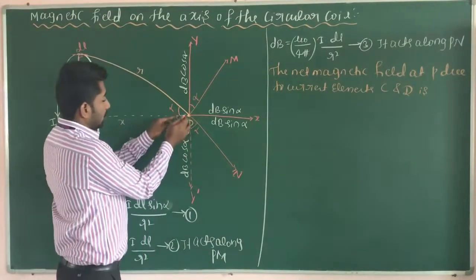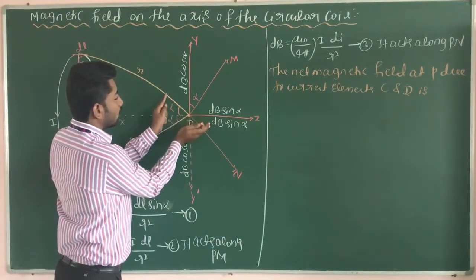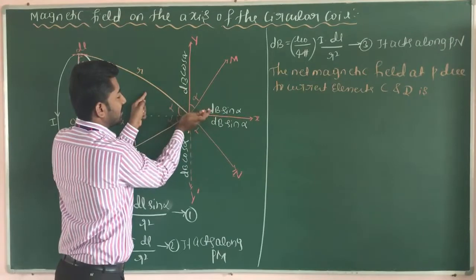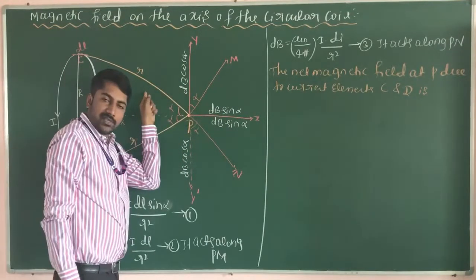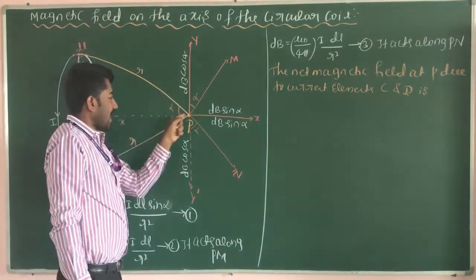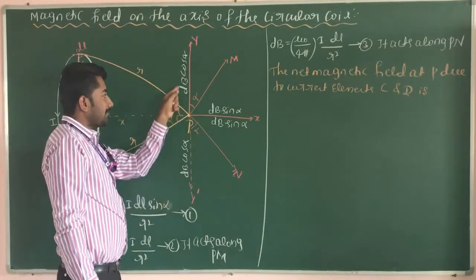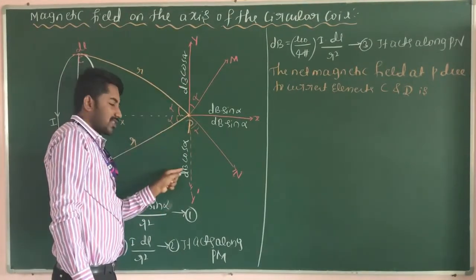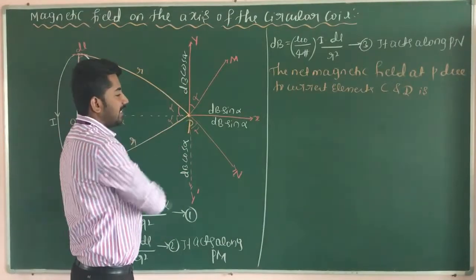Here the magnetic field is resolved into two components along the x-axis and y-axis, that is dB sin alpha and dB cos alpha. But along Py and Py dash, the magnetic field is the same, but they are moving in opposite directions, hence they cancel each other.